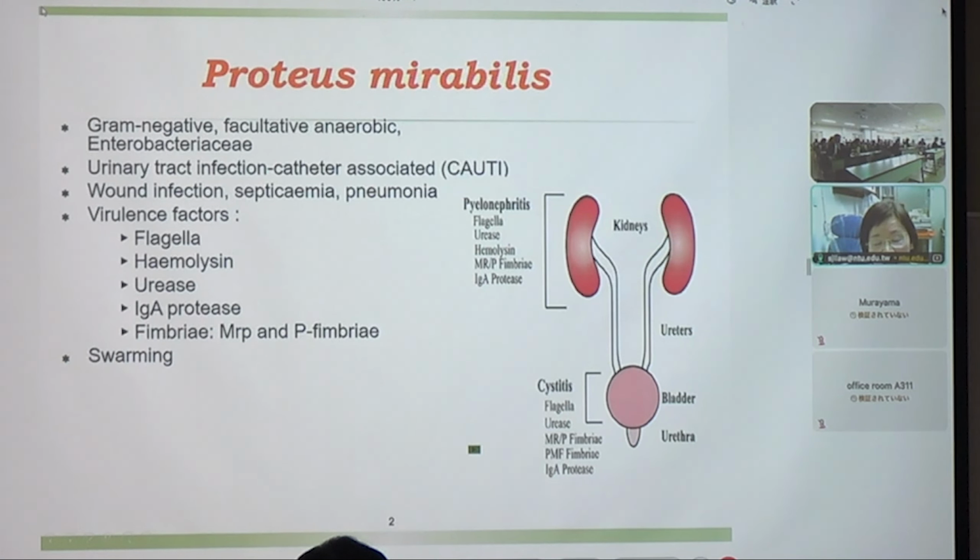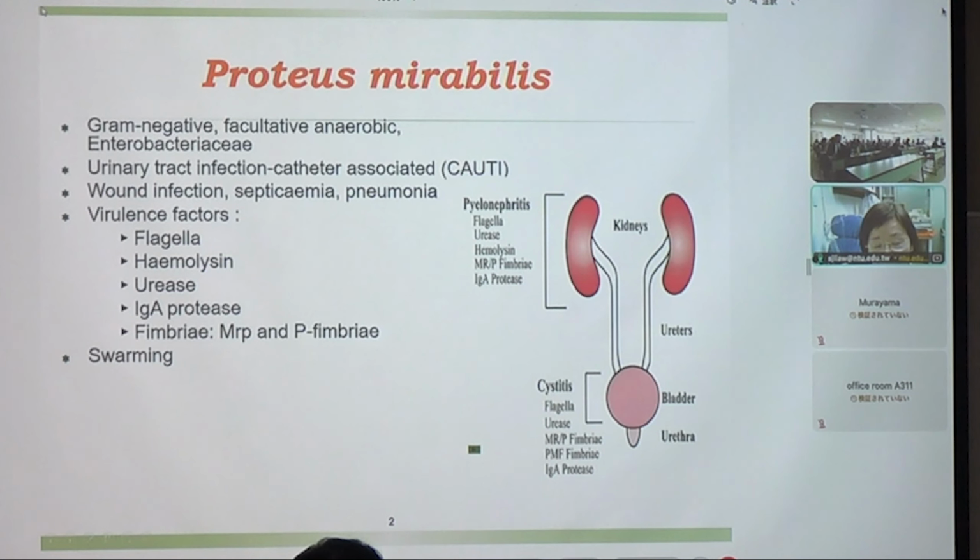The bacteria has several important virulence factors, including flagella for motility and hemolysin to damage the urinary epithelial cells, and urease to degrade the urea in the urine to make the urine alkaline to facilitate the formation of urine stones.